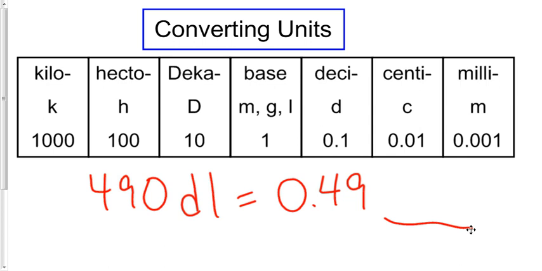If I have 490 deciliters here, I'm here at deciliters. Now to get from 490 to 0.49, I move my decimal point over 1, 2, 3 times. So from deci, if I move to the left 3 times, because I move to the left in this number, it's going to be 1, 2, 3. So that would be hectoliters. So that's why this chart is really helpful to have.